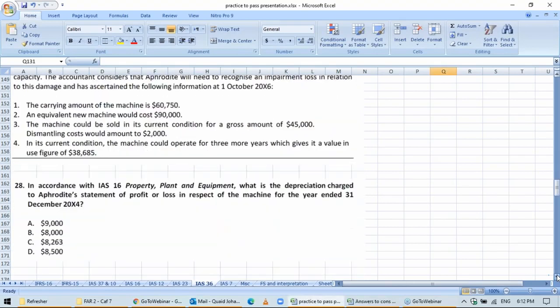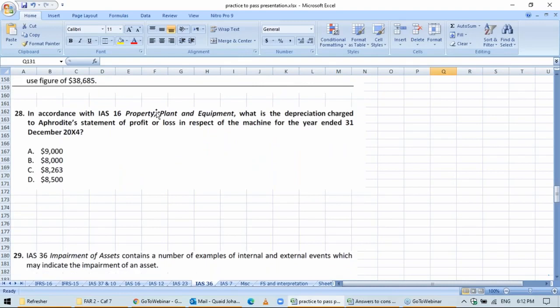Okay, question number 28 is asking about what is the depreciation charged to Aphrodite's profit and loss account for the year ended 31st of December 2004.